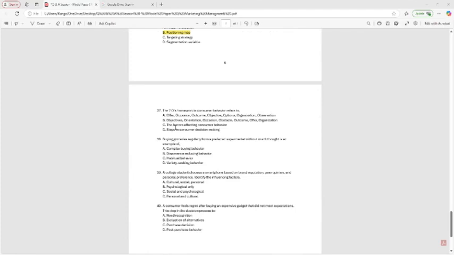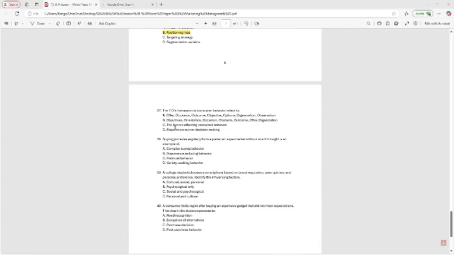That is the last topic we discussed. We discussed two models, the 7 O's framework and the black box model. So here the question comes with the 7 O's framework. The 7 O's framework in consumer behavior refers to offer, occasion, outcome, objectives, option, organization, observation.